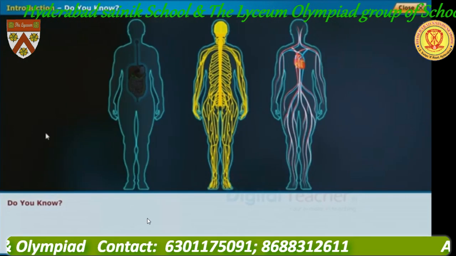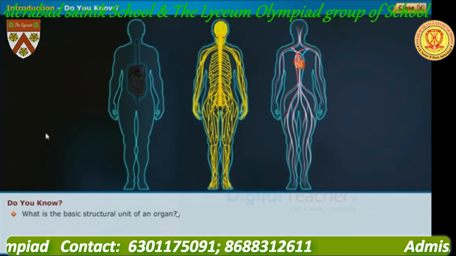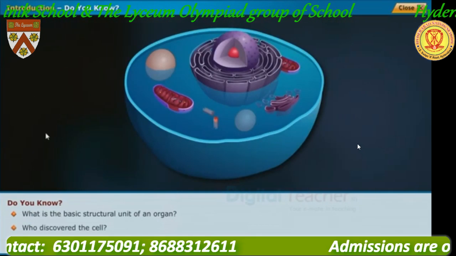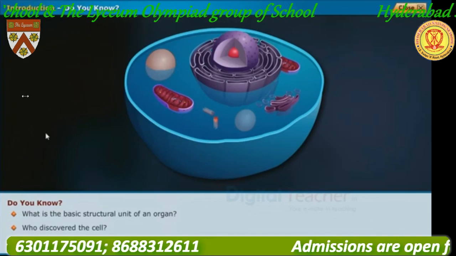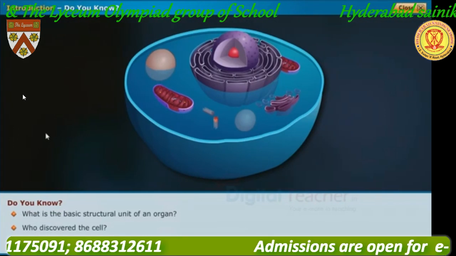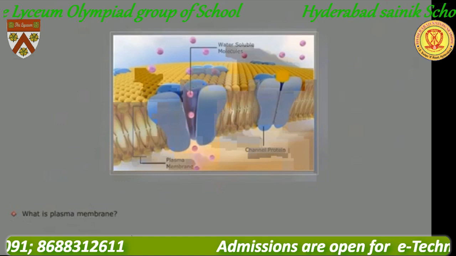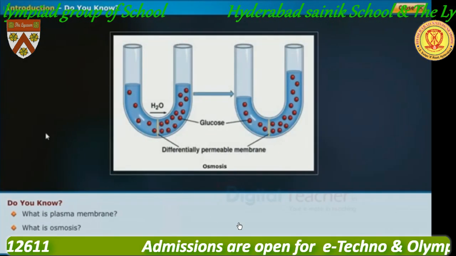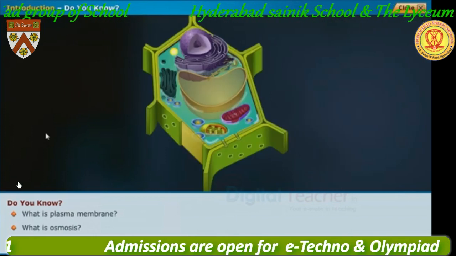Do you know what is the basic structural unit of an organ? Who discovered this cell? What is the size and shape of this cell? What is plasma membrane? What is osmosis? What is cell wall and its importance?